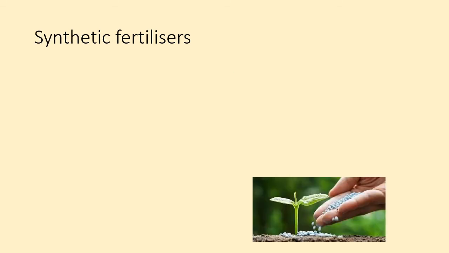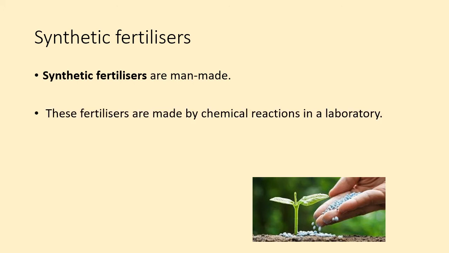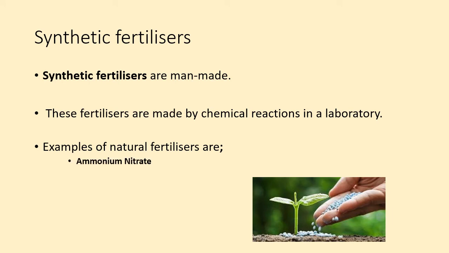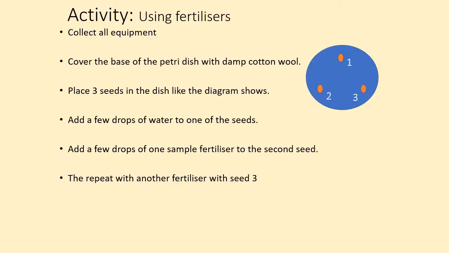Now, then we also have synthetic fertilizers, and synthetic fertilizers are chemicals that we make to put into the soil. They are man-made. They are made by chemical reactions in a laboratory. And if you do continue in doing chemistry into S3 and S4, you will be able to do a reaction in which you make a fertilizer. And examples of these synthetic fertilizers are things like ammonium nitrate, potassium phosphate, but you do not need to know them.